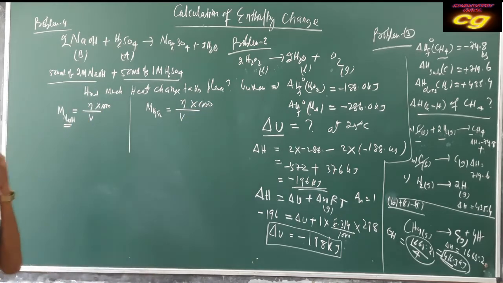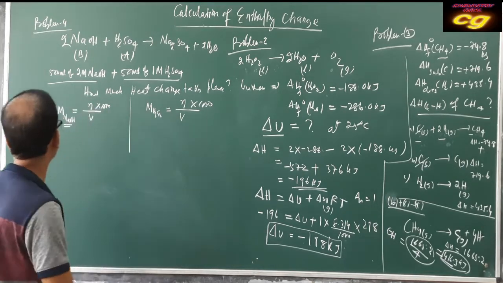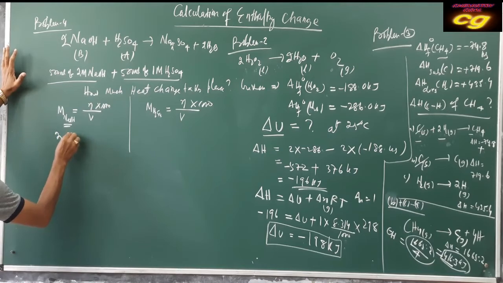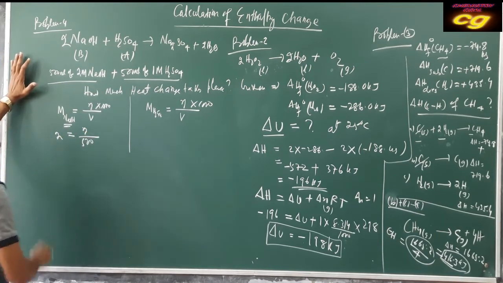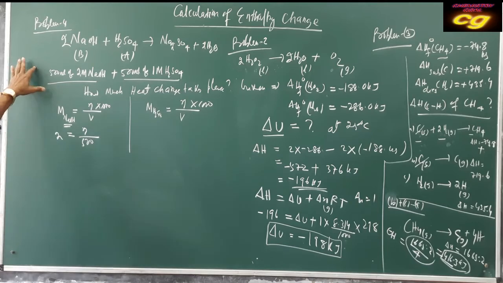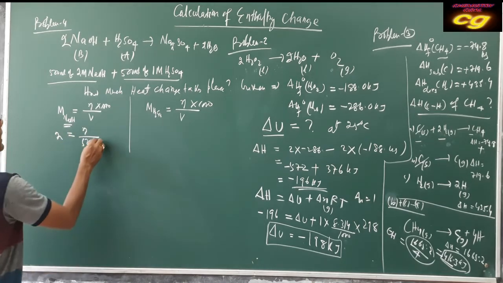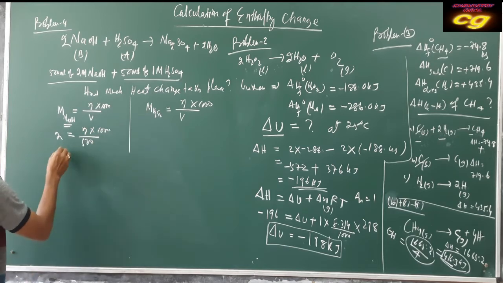This is the formula already you have read in the first chapter, normality and molarity formula. Here the question is in terms of molarity we are calculating. Here M is as per the question given 2. So 2 is equal to N, N is not given, V is 500, V given 500. Then what is the number of moles we are calculating? 500 and here V into 1000.